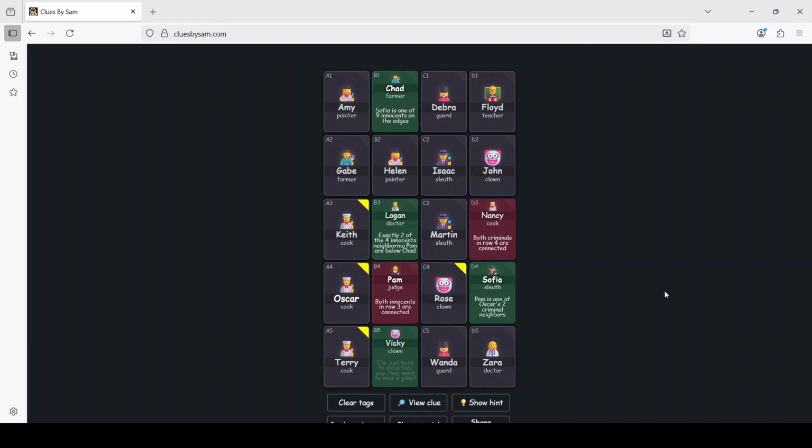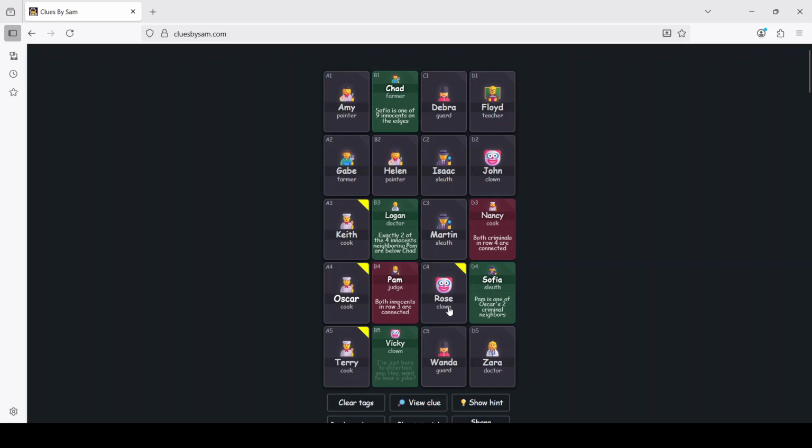So let's see what that gives us for Pam's. Between Oscar and Rose, that's going to bring the tally of innocent neighbors to 3 and criminal neighbors to 1. When we're looking at Keith and Terry, that's going to bring the tally of innocent neighbors all the way up to 4 and criminal neighbors just to 2.